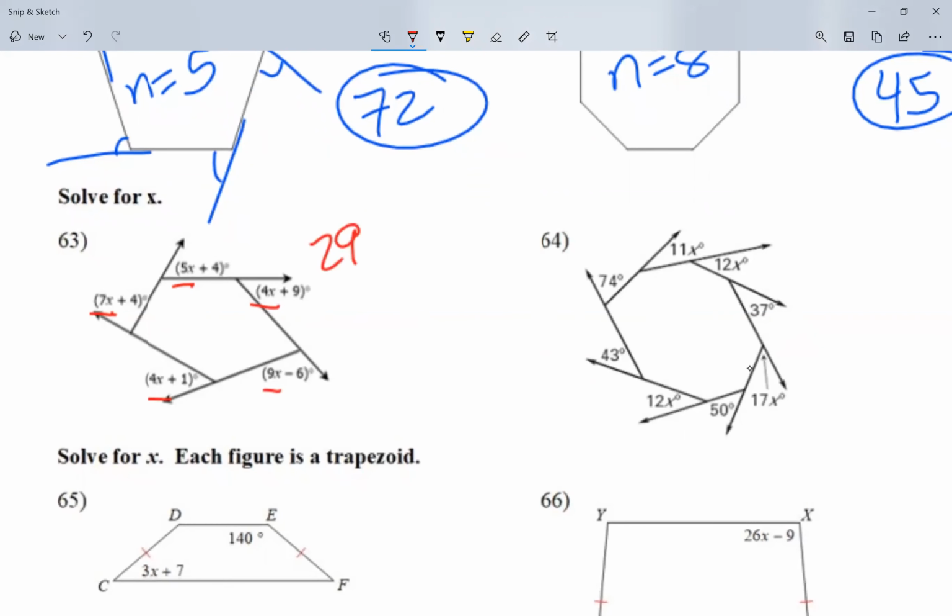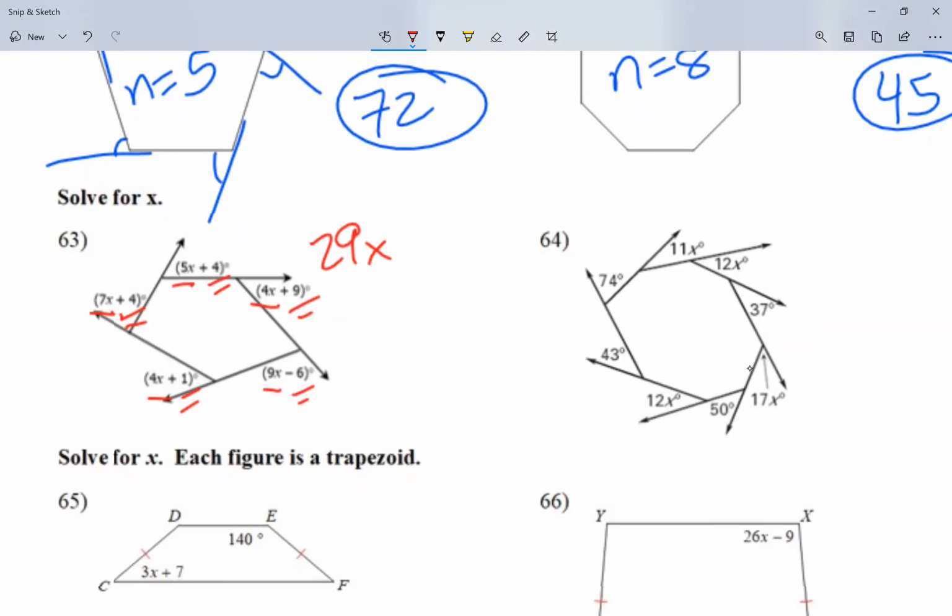So I'm going to say 29x. Now, when it comes to numbers that don't have a letter, I see 4 plus 9 plus 1 minus 6. And that happens to be 12, positive 12.